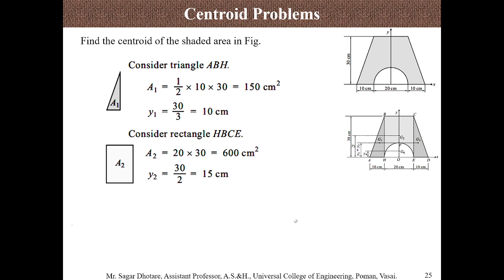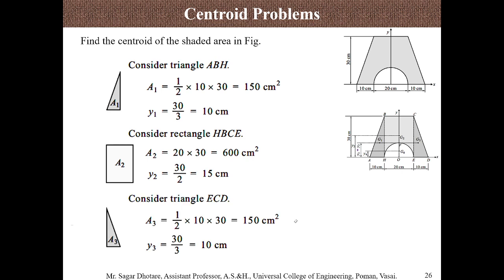The area of the rectangle is L into B, or B into H, so 20 centimeter into 30 centimeter, and the y coordinate is H by 2, that is 15 centimeter. Now considering the third geometry, another triangle which is similar to the first, the values will be similar too.